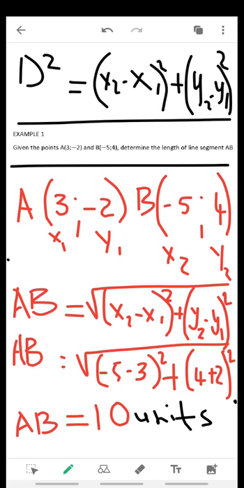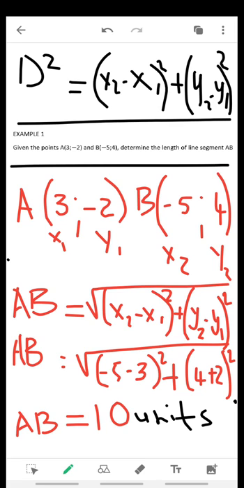Okay, now using the distance formula, obviously, what is my d now? It's AB equals the square root of, you still write the original formula first. Please don't just substitute straight away. Start by writing your original formula. Actually, most of the time it has a mark, so you may lose a mark if you don't start by writing the formula. Square root of x2 minus x1 all squared plus y2 minus y1 all squared.